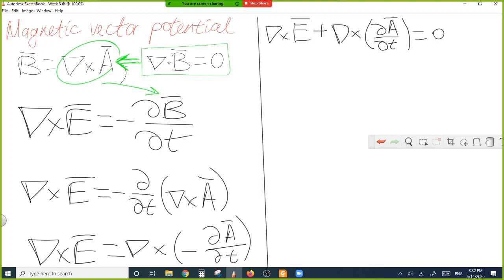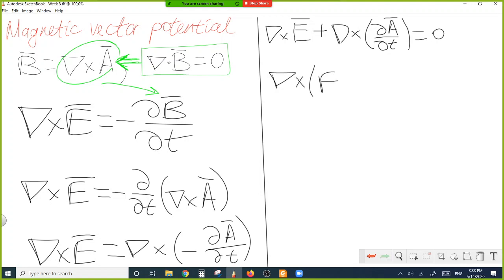Okay, now if we manipulate again, the curl of (E plus dA over dt) equals 0.